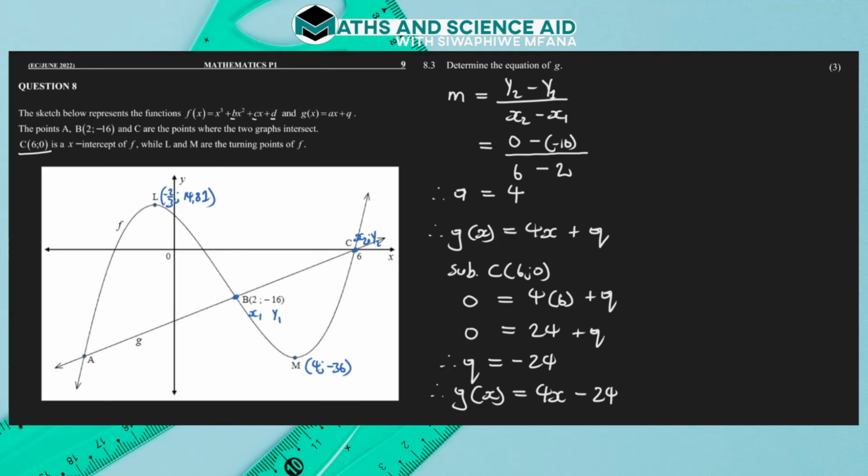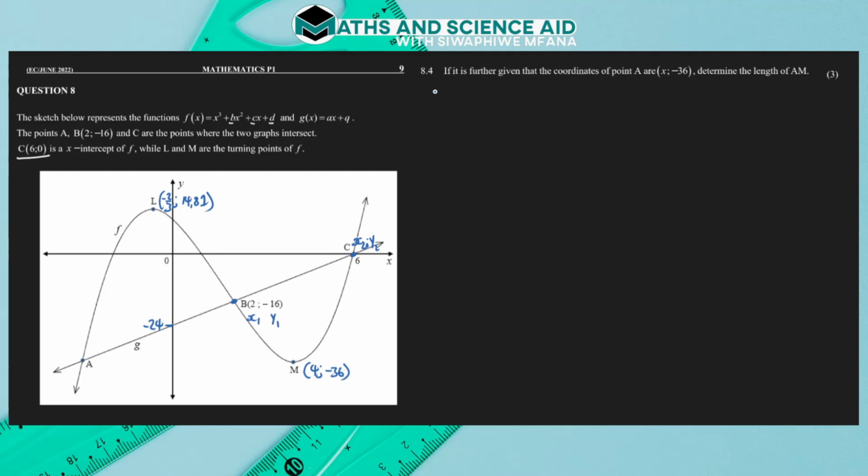Okay, so this simply means that the straight line cuts the y-axis at y equal to negative 24.